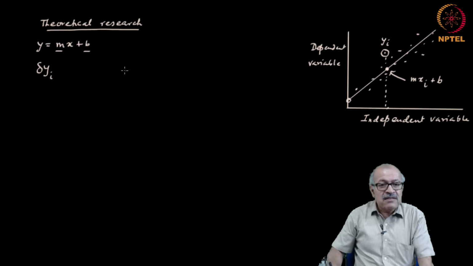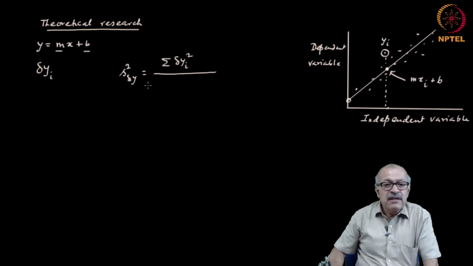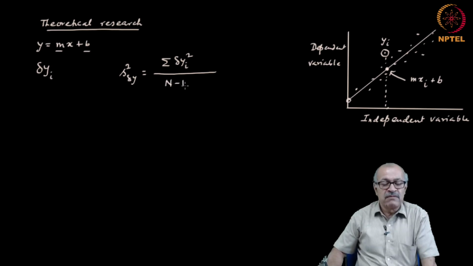So, I will write it as s square, which is the variance of delta y. What is that? That will be the sum of all the various delta y squares, but normally in order to obtain the variance, we divide by n, the total number of points, minus 1.